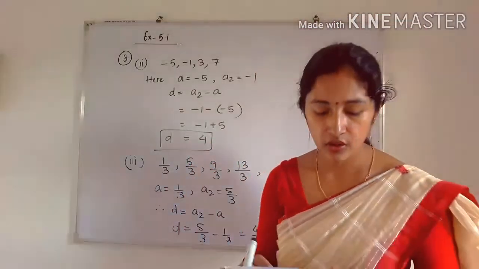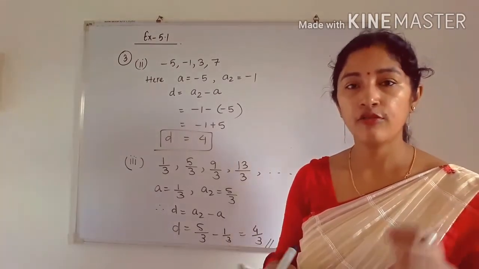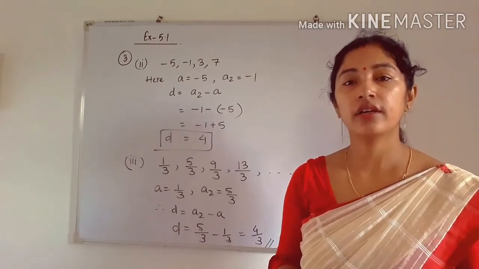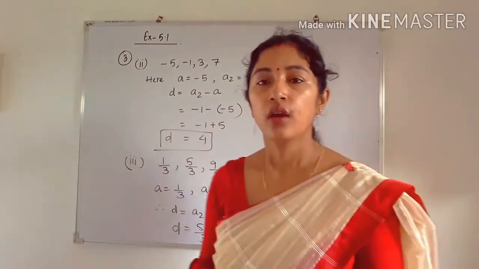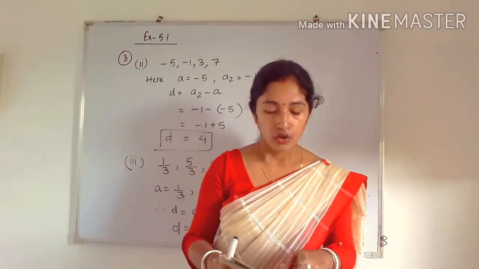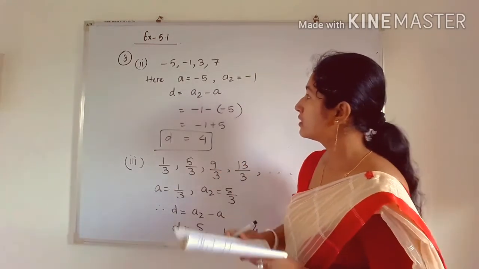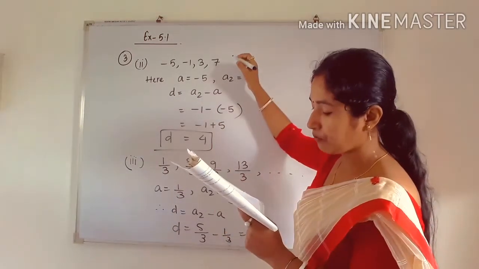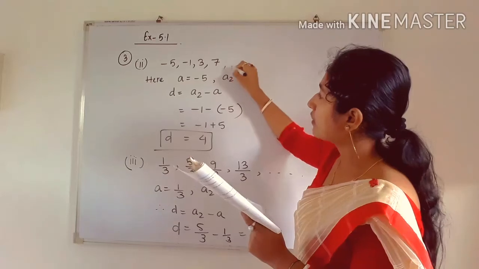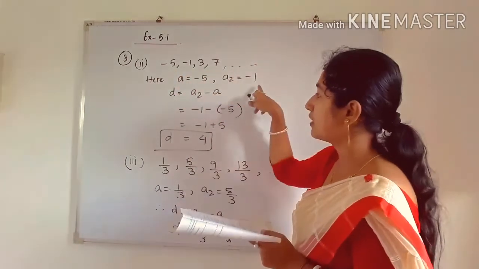So question number 3. Here it is already written that the following are APs. Okay, already written that this shows an AP. So you need to find the first term and the common difference. So from the sequence, see in number 2, we can see that the first term is what? -5 and the second term is -1.